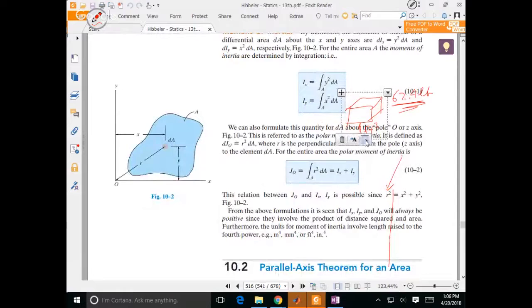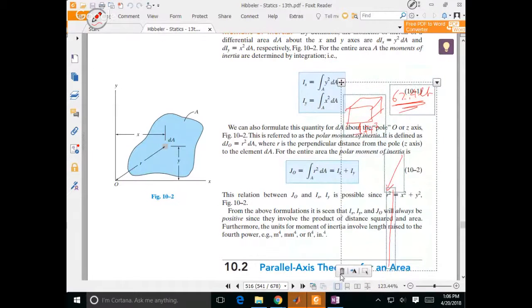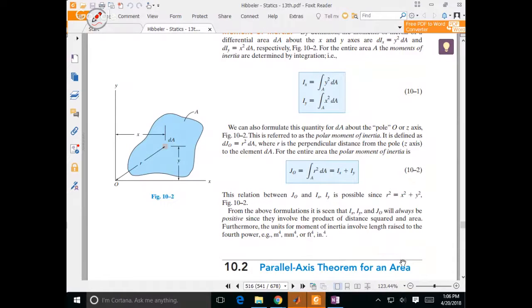So on the next page, he just defines it. And this is exactly the definition you'll use. For example, let's see how good of an artist I am. Let's say you had a beam that looked kind of like this, like an I-beam. And then it goes back in the distance here.